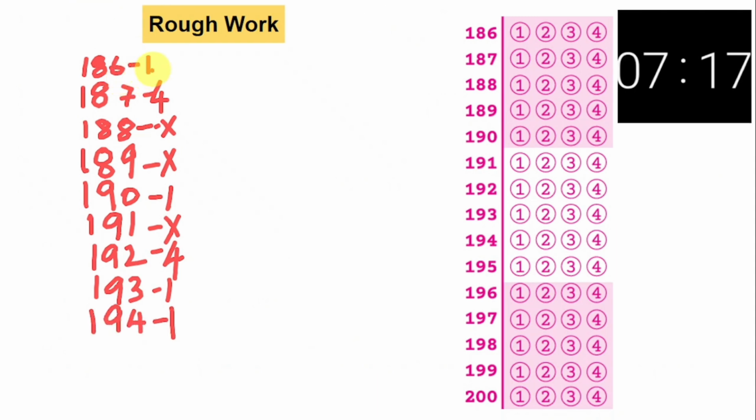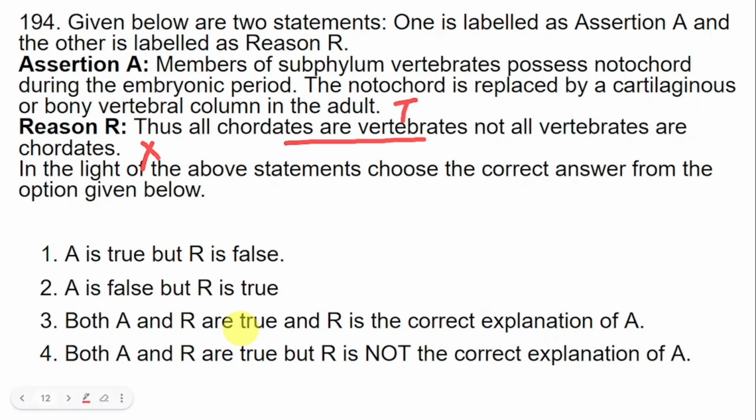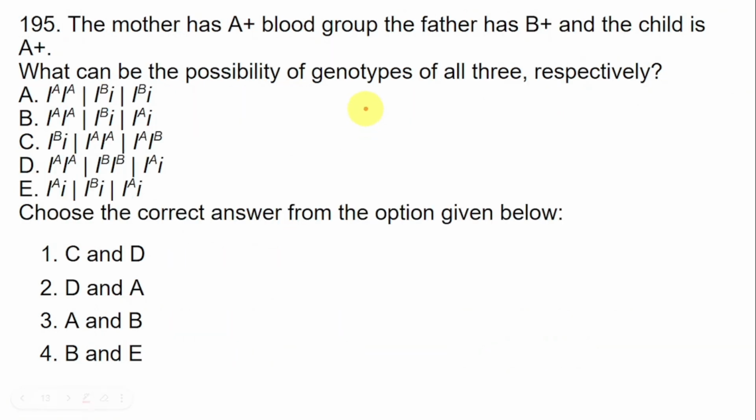So now we have 1, 2, 3, 4, 5, 6. Four more we need, out of 6, 4 questions. Okay. The mother has A positive blood group, father has B positive, and the child is A positive. What can be the possibility of genotypes of all three?